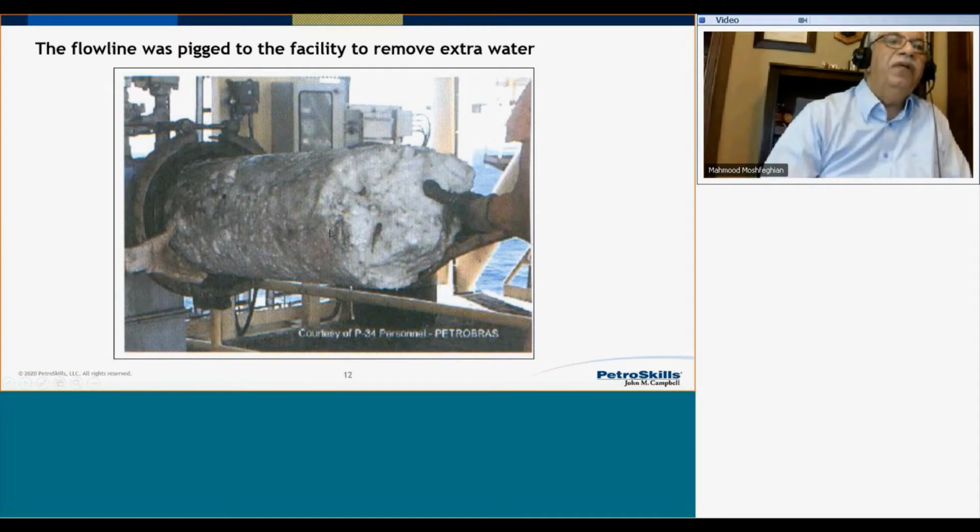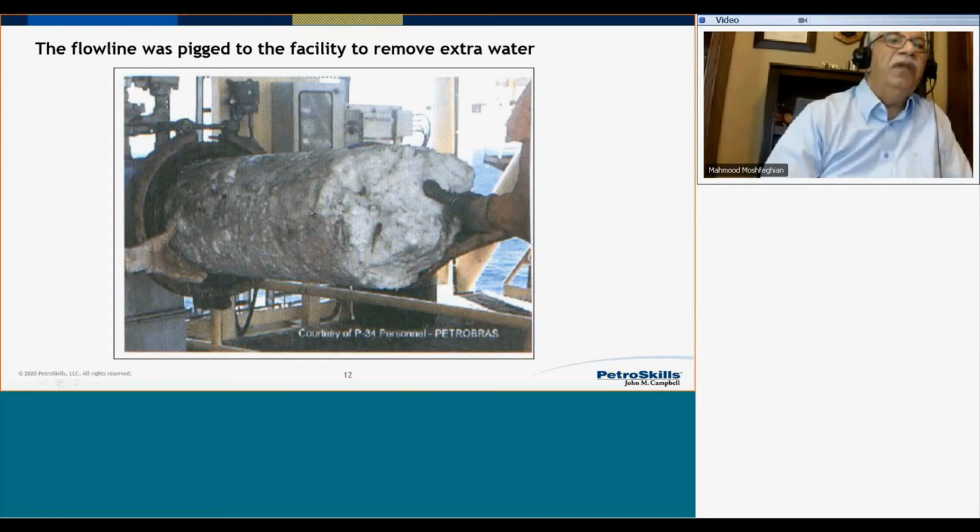The point about this is that the feed gas contained about 10 ppm H2S, but when they analyzed the composition of the hydrate, the mole fraction or concentration of H2S in the plug was about 69 ppm.